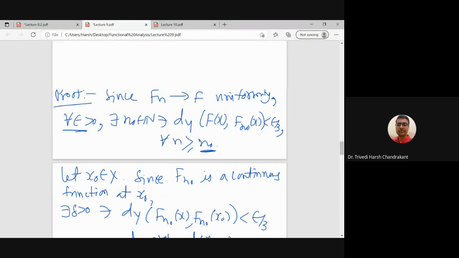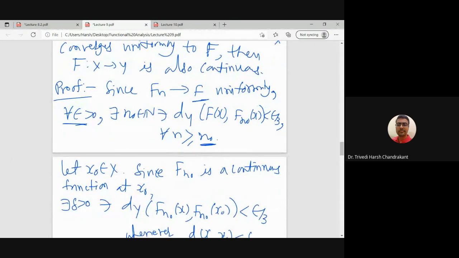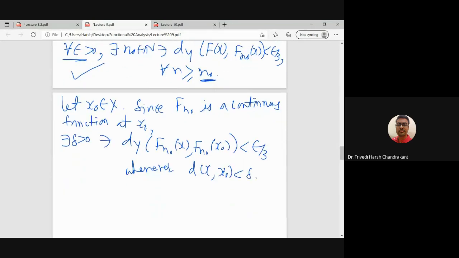Now using these two estimates, we will show that the limit function f is continuous, right? First we used the uniform convergence, f_n converges to f. In the second step, we used that f_n naught is continuous at x naught.